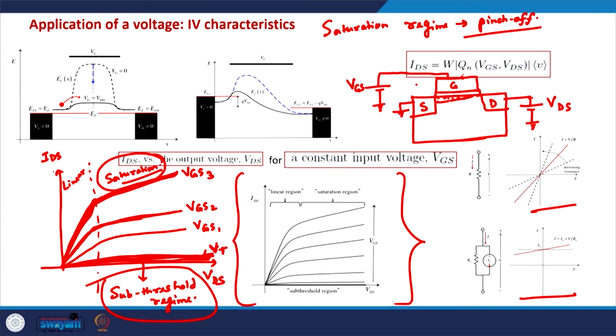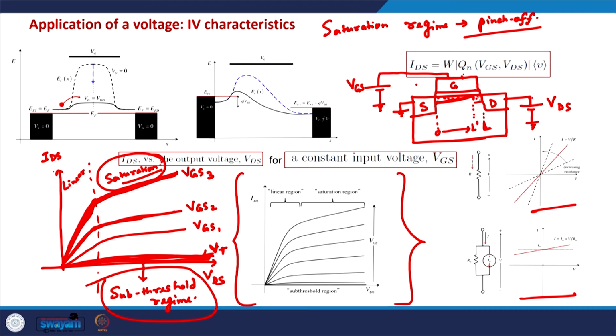In the pinch off, the channel will look something like this. There will be a channel from the source to a certain point, let's say L prime. If the total length of the channel is L, and this is 0, there will be an inversion layer, a conducting channel from 0 to L prime, but there will not be a conducting channel from L prime to L, and there will be a depletion region here.